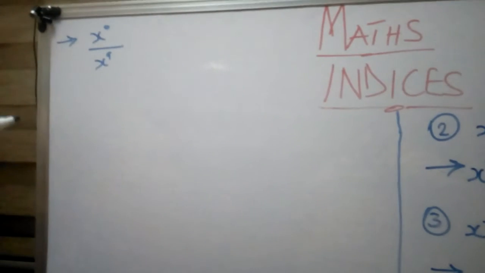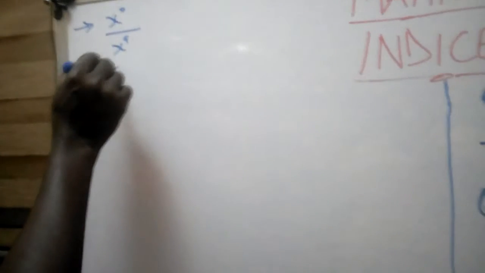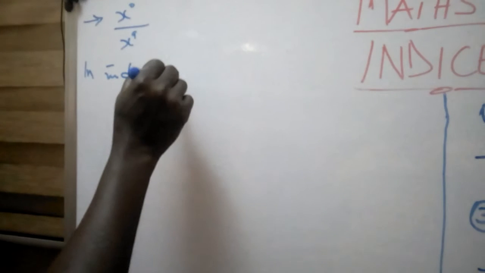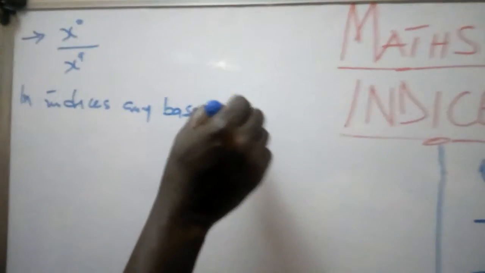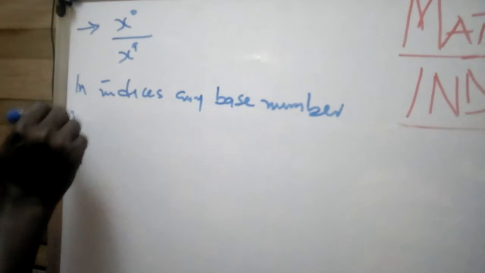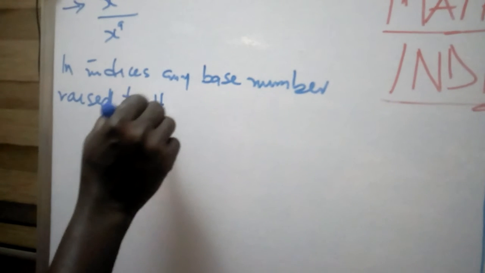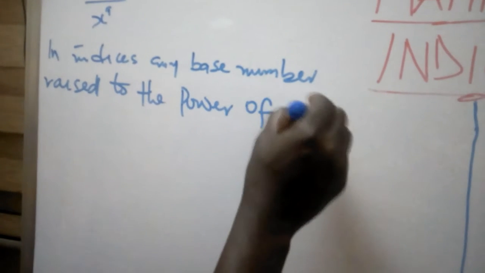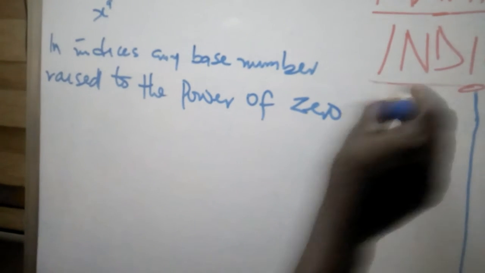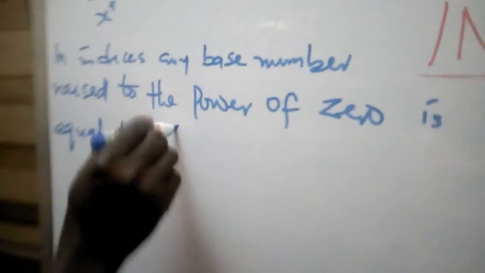But we know that in indices, any base number raised to the power of 0 is equal to 1.